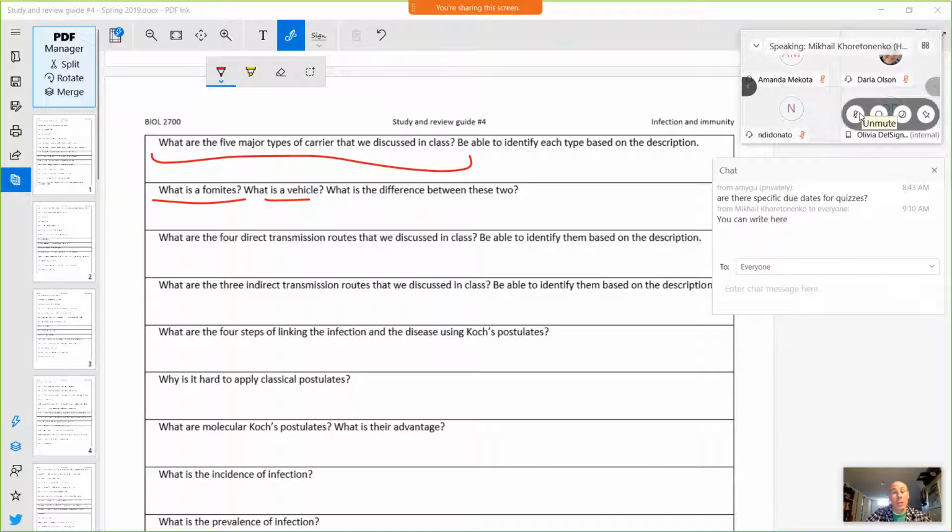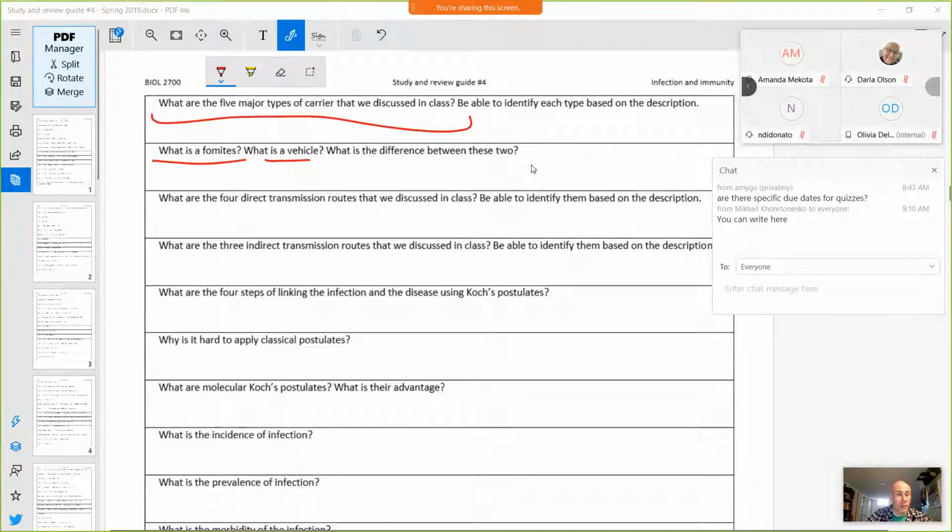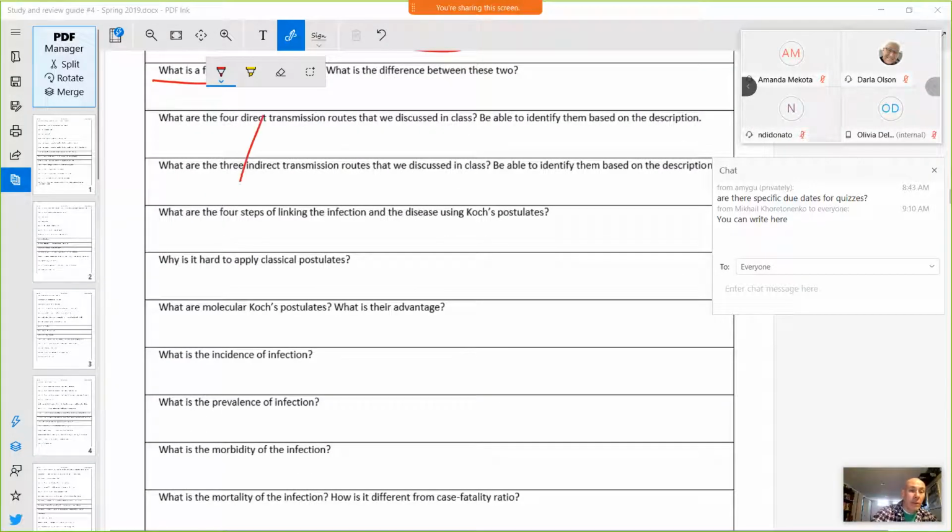Okay. Don't hesitate to unmute yourself and stop me if you need to ask a question. Okay, so we've got these 4 steps of linking an infectious disease using Koch's postulates. You've got to isolate the microorganism from the sick but not the healthy. You have to be able to culture it in a pure culture.